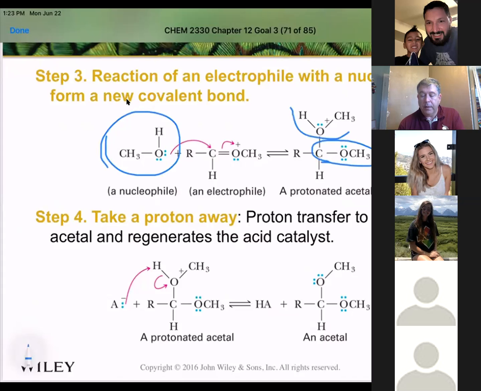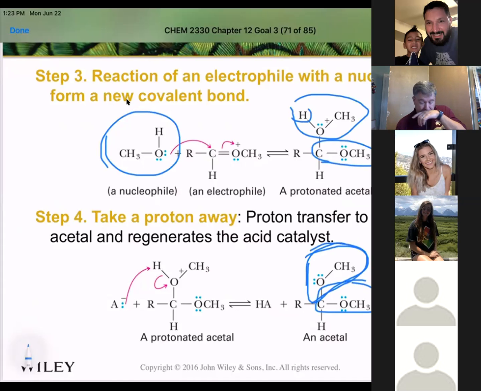And then our protonated alcohol, if we lose this proton, we'll actually end up with 2 alcohols on here. Okay, so a hemiacetal is when you have 1 alcohol hooked up to it. This is what we call an acetal, which has 2 alcohols, and we've eliminated 1 entire equivalent of water to do so.